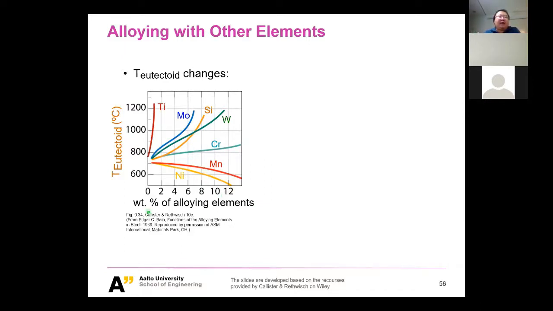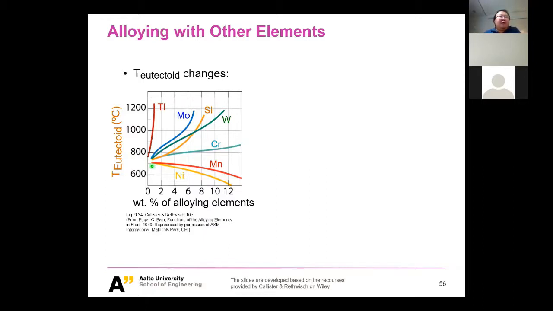Let's take a look at, for example, titanium, right here. If you add a little titanium to this binary phase diagram, it will become not a binary but a phase diagram with three components.